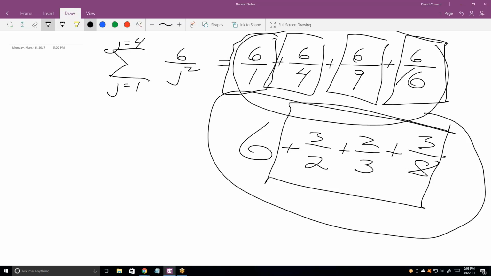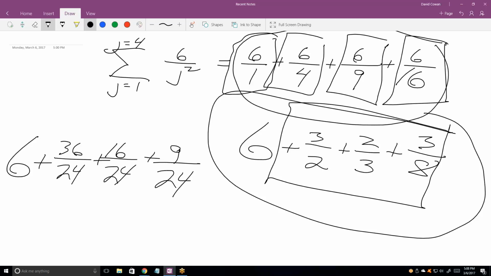What's the least common denominator for those 3 fractions? 24. Okay, so now we got 6 plus how many 24ths is 3 halves equal to? 36. Plus 2/3 is how many 24ths? 16. And 3/8 is how many 24ths? 9.